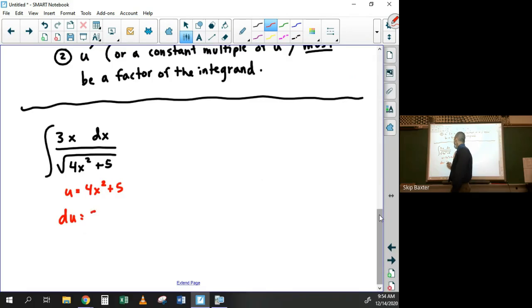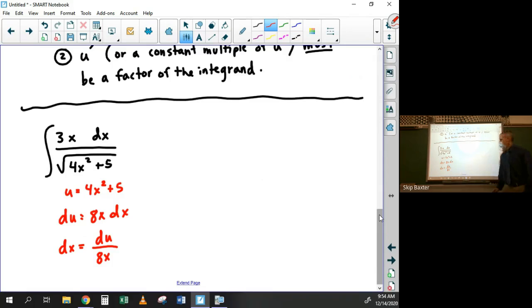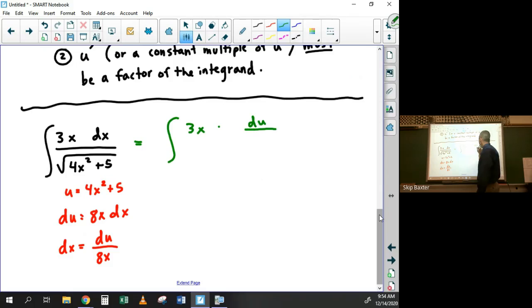du is 8x dx. Differentiate. Divide by 8x. So dx equals du divided by 8x. Then make the substitution. So this substitution would be 3x times du over 8x over u to the 1/2 power.